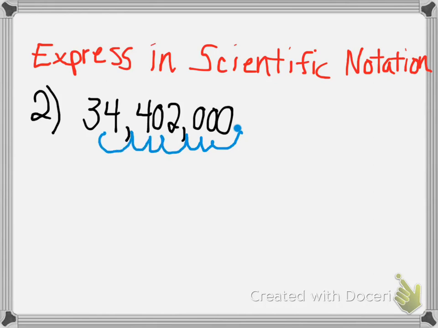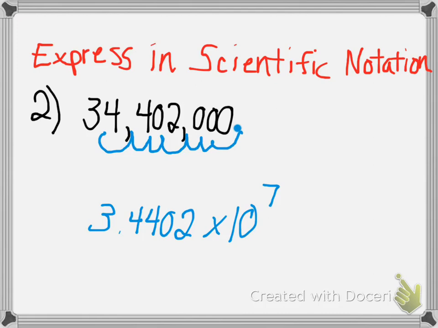So you would stop right there. So now your decimal becomes 3.4402. Then you're going to say times 10, and then you're going to count how many times you moved it, to the 7th power.